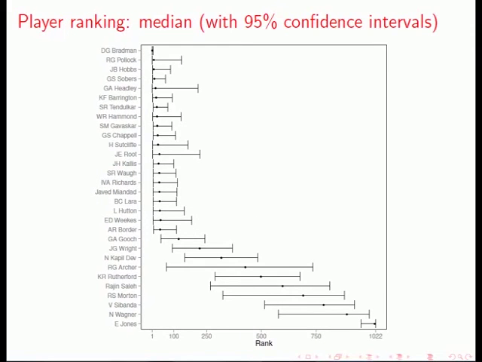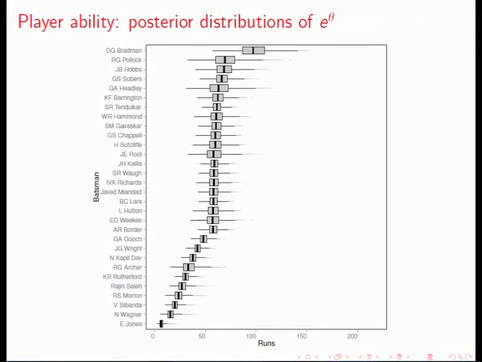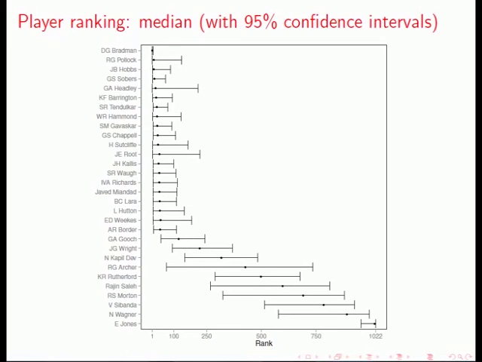But one of the things you can do when you're doing Markov chain Monte Carlo is, instead of looking at distributions of scores, you can look at distributions of ranks, because at every iteration you've got a realization of theta, and you can rank according to that, and so you can get distributions of ranks.